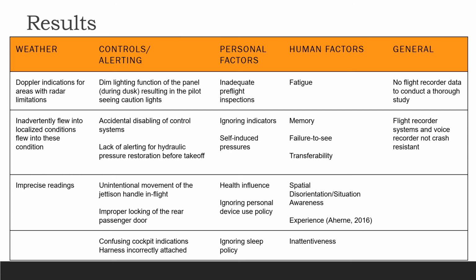And then for personal factors, there are instances of self-induced pressures, perhaps ignoring certain indicators, sad instances of adverse health effects, and ignoring certain policies. And all these factors have led, one way or another, to injury or fatal outcome.